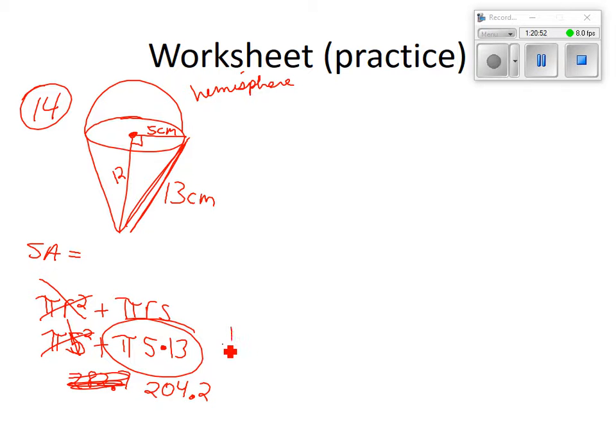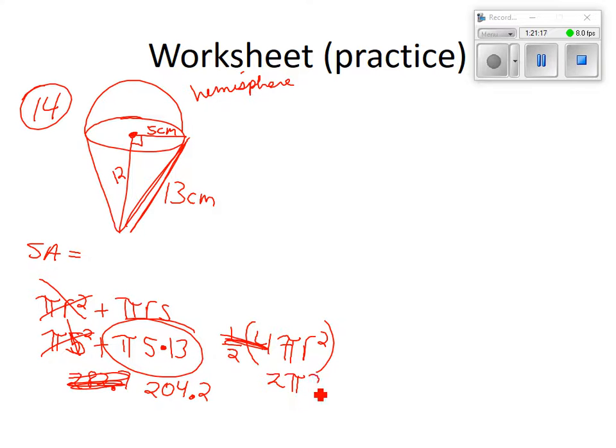So we want half of, what's the formula for a sphere for the surface area? 4 times pi times r squared. What's the easiest way to do that before we ever start punching it in our calculator? What's half of 4? 2. So we can just do 2 times pi. What's the radius this time? 5.